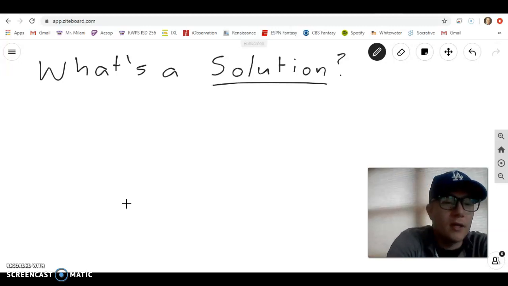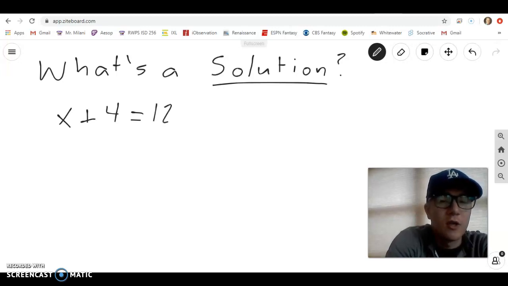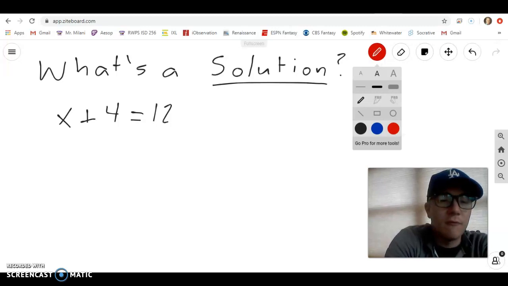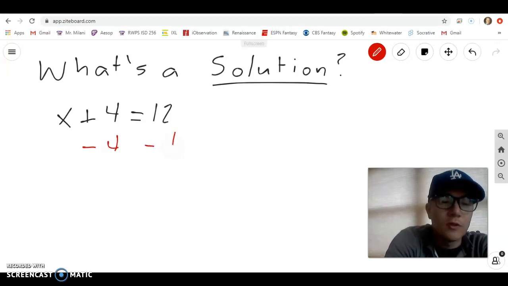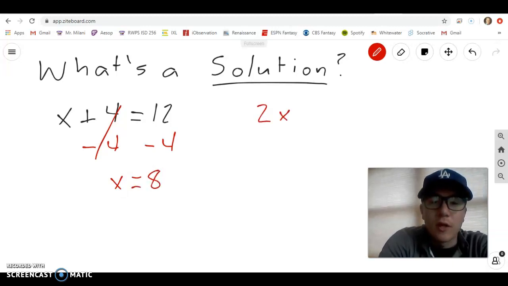We've spent quite a bit of time this year, as you guys know, solving equations. x + 4 = 12, things like this, where we had you subtracting 4 from both sides, getting x = 8. We had you solving bigger ones like 2x + 5 = 25.